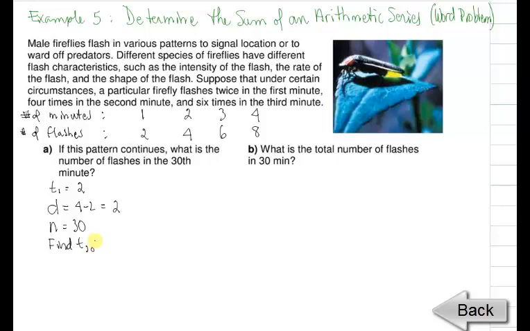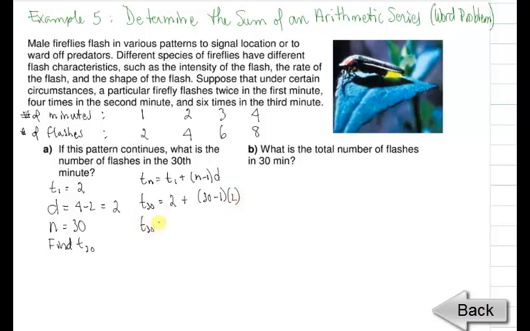Okay? So this is a sequence question. So that means you're going to have to use your general term. And we want t30. We know that t1 is 2. We know that n is 30. And we know that d is 2.